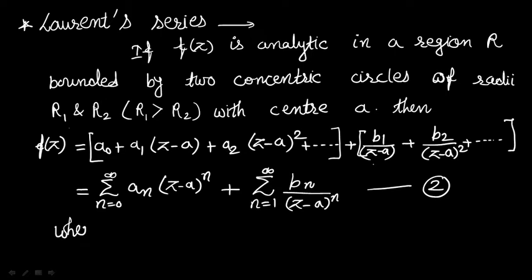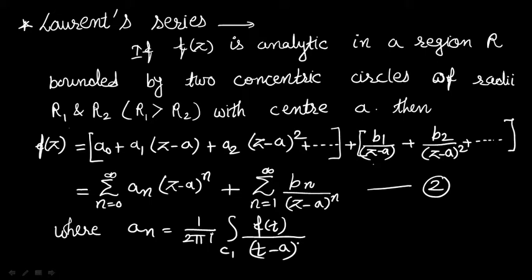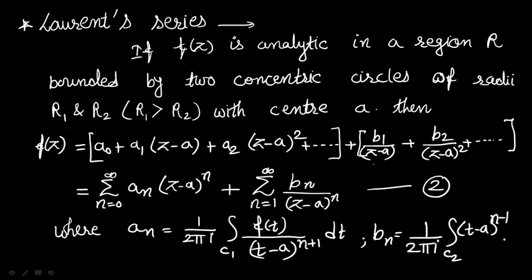Now, the value of a n equals 1 upon 2 pi i into integration over C1 f of t upon (t minus a) to the power n plus 1 dt, and b n equals 1 upon 2 pi i integration over C2 (t minus a) to the power n minus 1 f of t dt. This is the Laurent series.